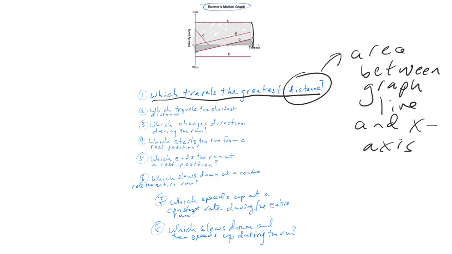And then I guess B would be that much, pretty much. And then C would be the smallest, probably.